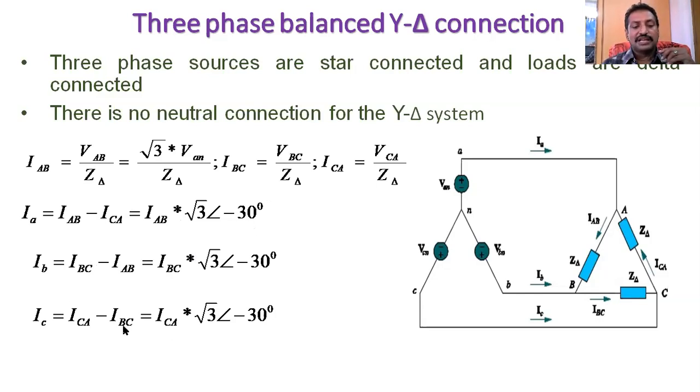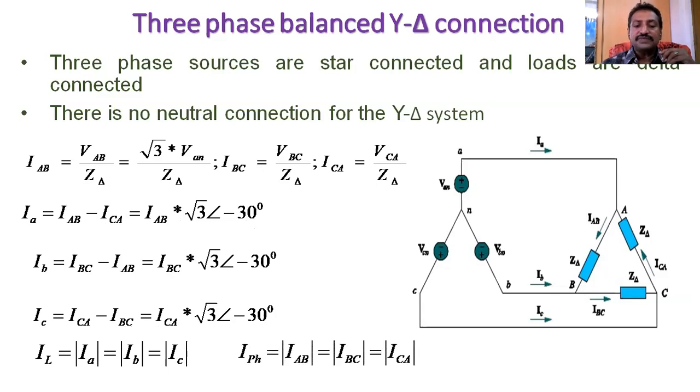Similarly, IC is equal to ICA minus IBC. So IL is equal to IA, IB, IC, the line currents. IAB, IBC, ICA are the phase currents, I phase. So IL is equal to root 3 I phase. This is the analysis in case of star and delta connection.